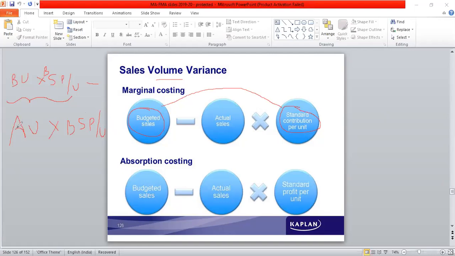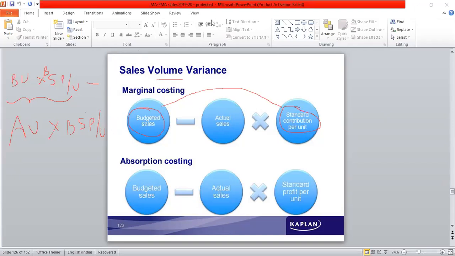Actual units into budgeted selling price per unit. So the difference between budgeted units into budgeted selling price per unit minus actual units into budgeted selling price per unit. Okay, so that is the sales part of it.